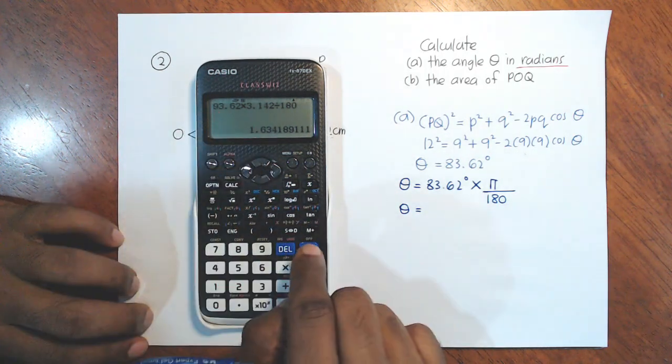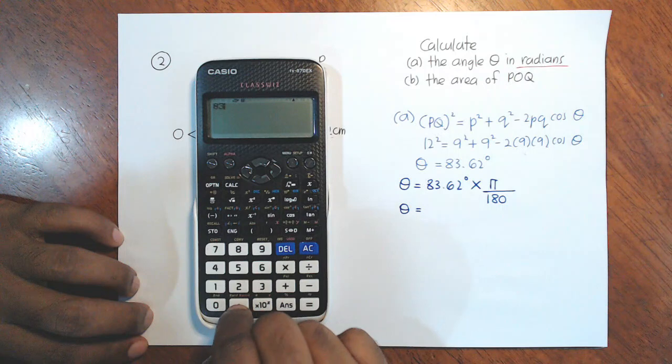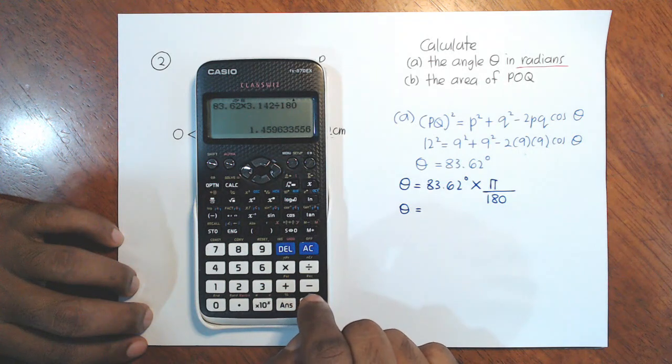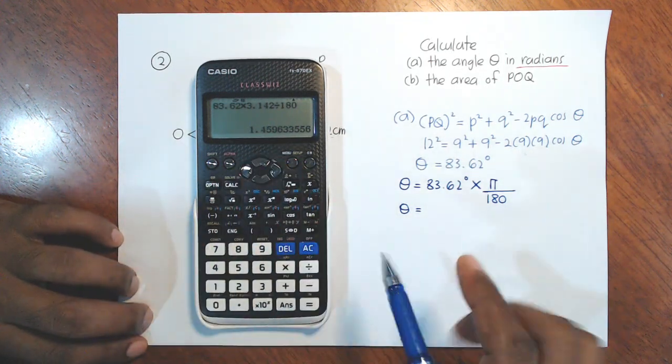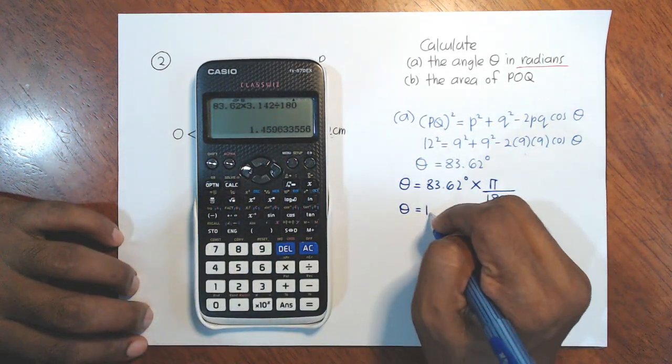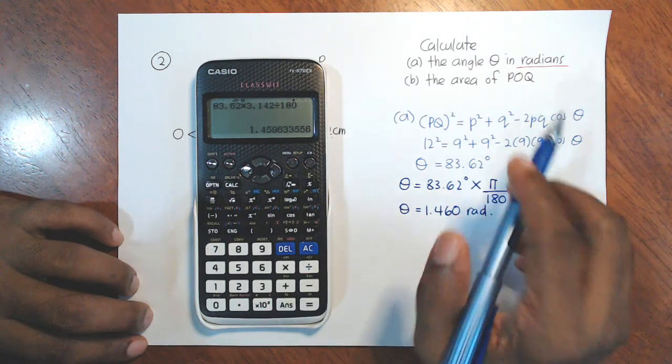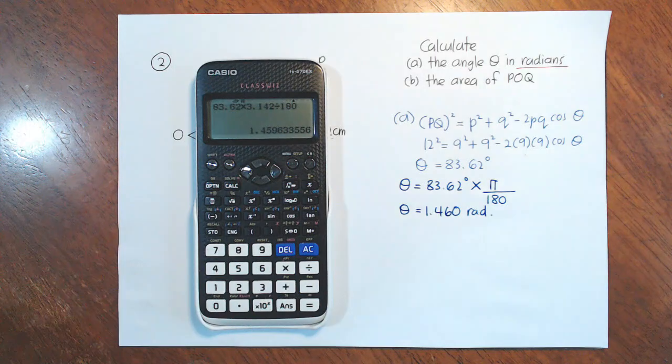Oh, I mistyped. So 83.62 times 3.142 divide by 180, you get 1.460. 1.460 rad. Yep, that will be angle theta in radians.